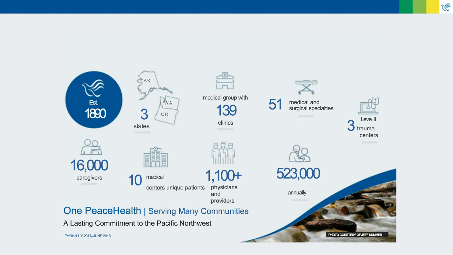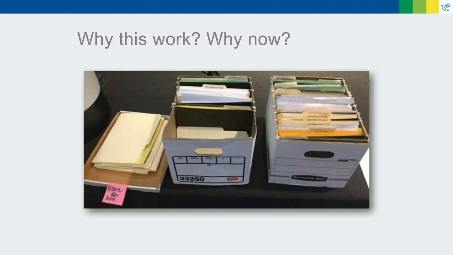So why did we embark on this work, and why now? We looked at how long it took from the time a safety event occurred to the time we learned about the event, to the time we decided what kind of improvement we were going to do as a result of the event.